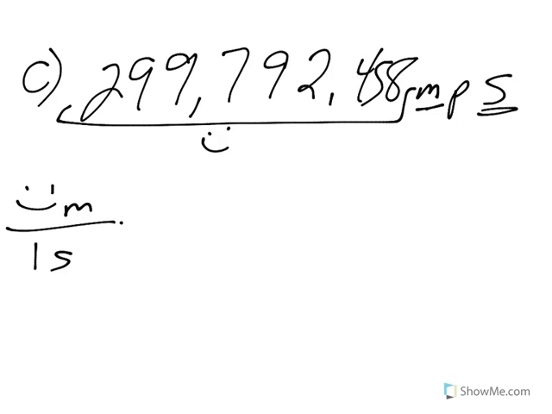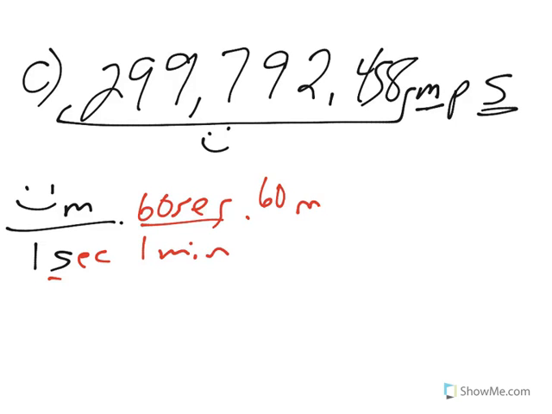So now the first thing I'm going to do is go to hours. So I'm going to say 60 seconds is a minute and 60 minutes is an hour. Okay, so that, shoot, I did not mean to cross out the hour. I'm dumb. Okay. So my minutes go away, my seconds go away. Now I'm in meters per hour. So when you think about it, we now want to get rid of the meters.